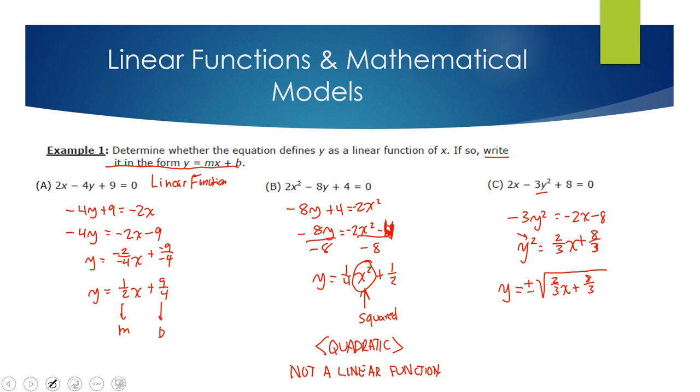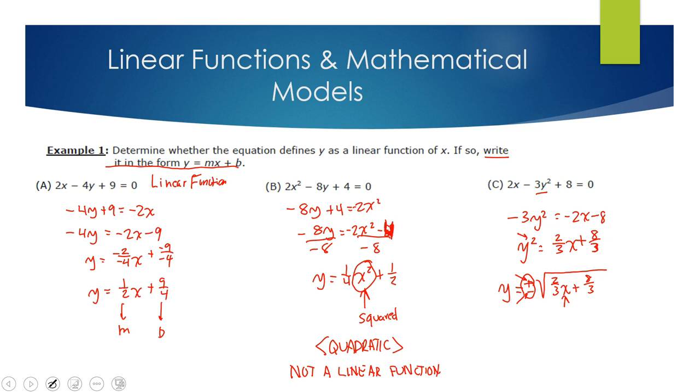Now, there's all sorts of things wrong with this. First of all, it's not in the format of a linear function. It's not in that y equals mx plus b format. So it certainly is not a linear function. As a matter of fact, here I have a single x value producing two different y values, one when it's positive, one when it's negative.